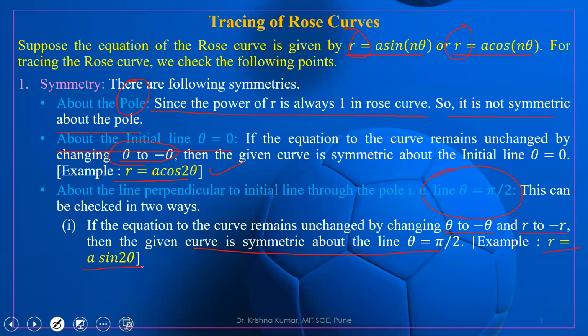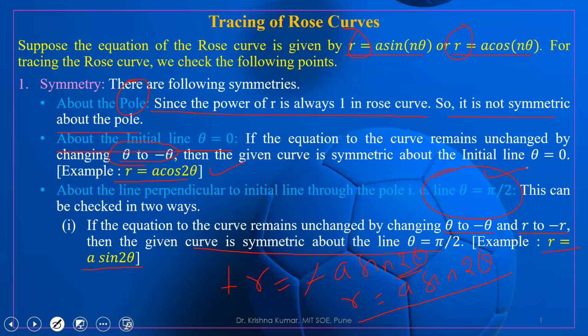If we replace r by minus r, minus r equal to a sin of minus 2 theta. Sin of minus 2 theta is minus sin 2 theta, so we are getting the same curve. If we replace r by minus r and theta by minus theta, the equation of the curve does not change, so the curve is symmetric about the line theta equal to pi by 2.